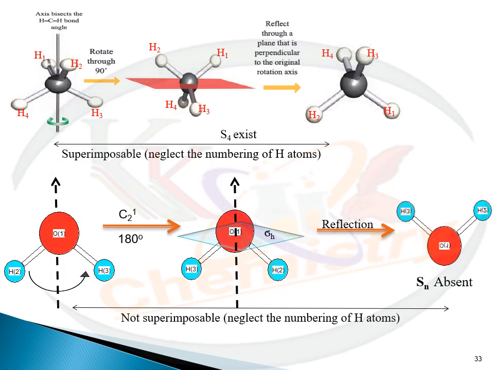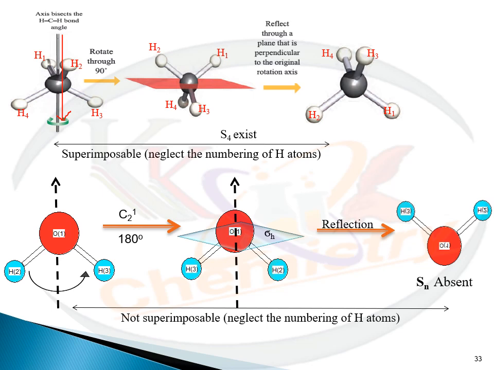Another molecule, rotate it by 90. Shifting of atoms will take place. This is the principal axis. Sigma is perpendicular to the principal axis, sigma h actually.